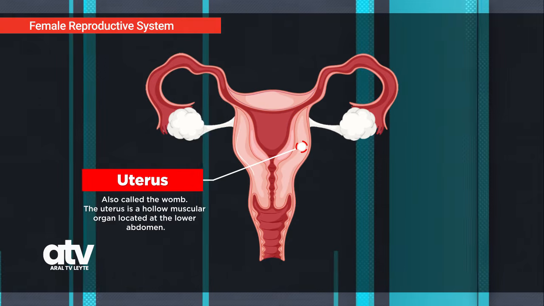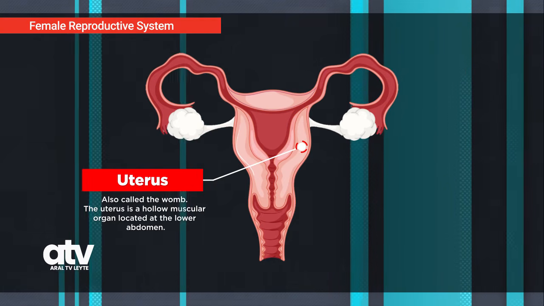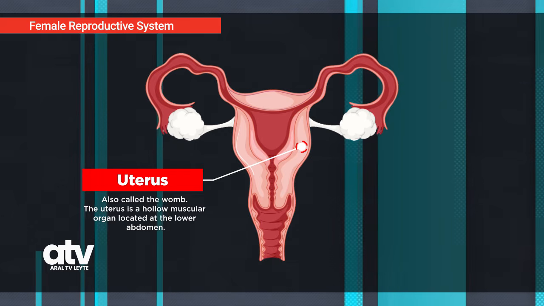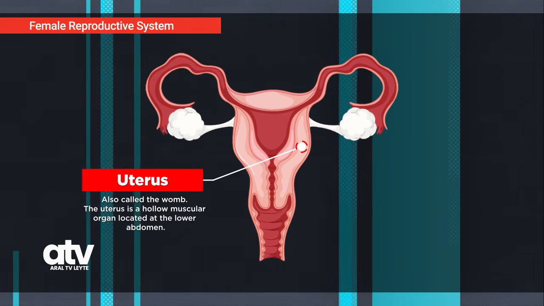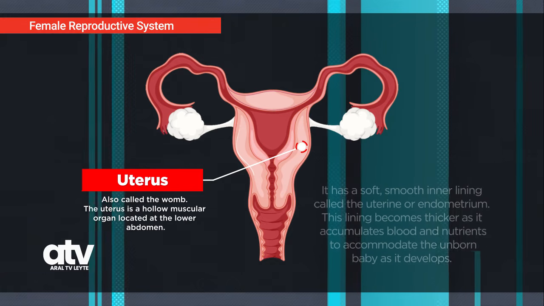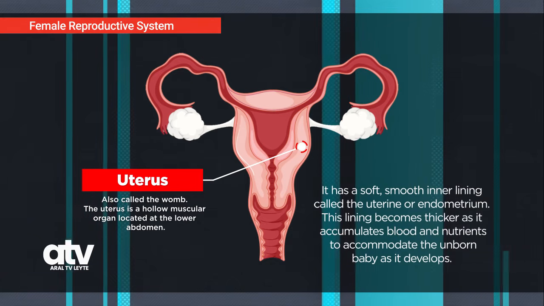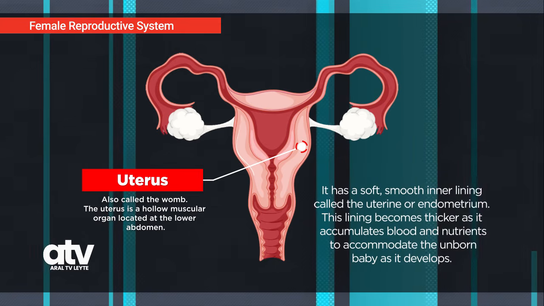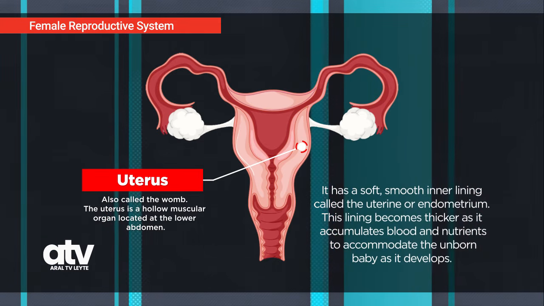Uterus. It is also called the womb. The uterus is a hollow muscular organ located at the lower abdomen. It has a soft, smooth inner lining called the uterine lining or endometrium.